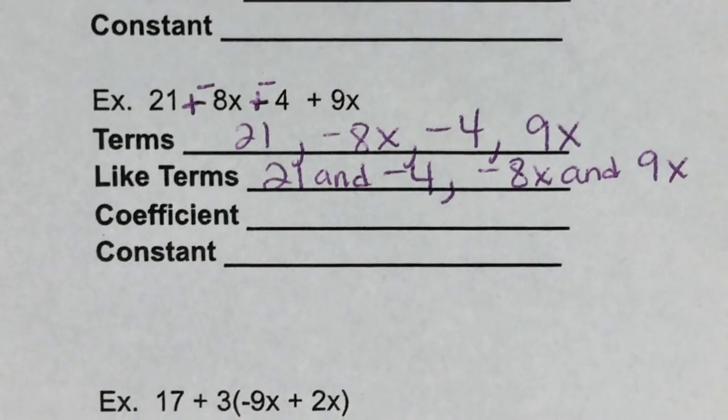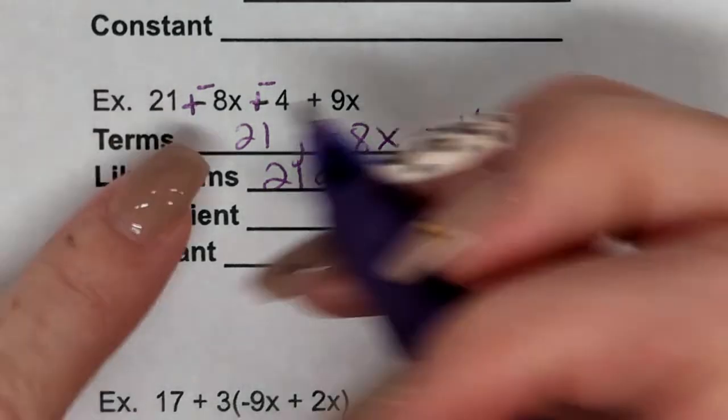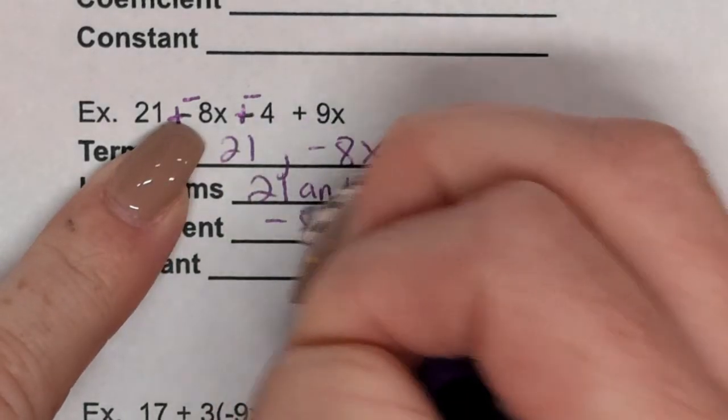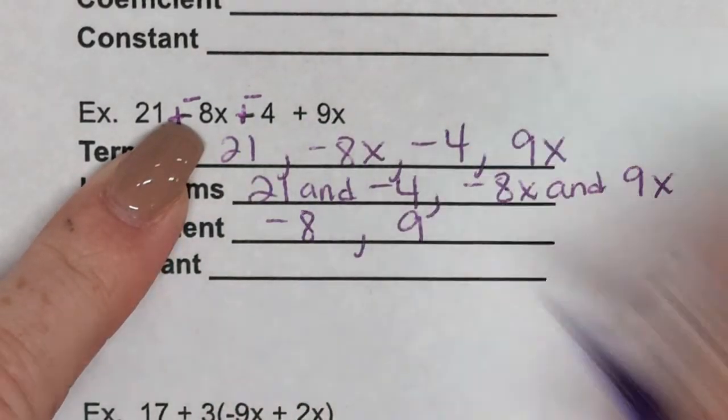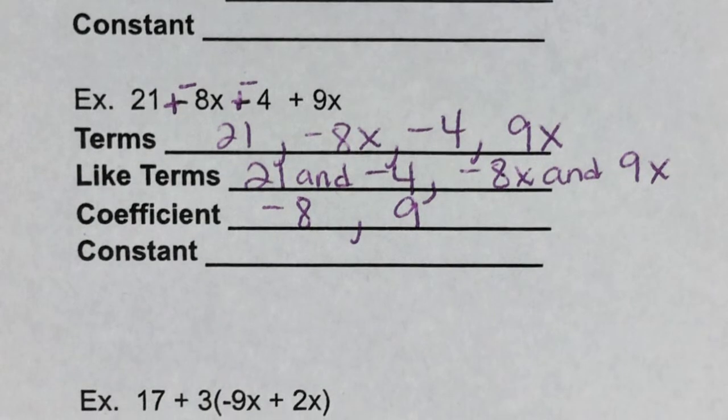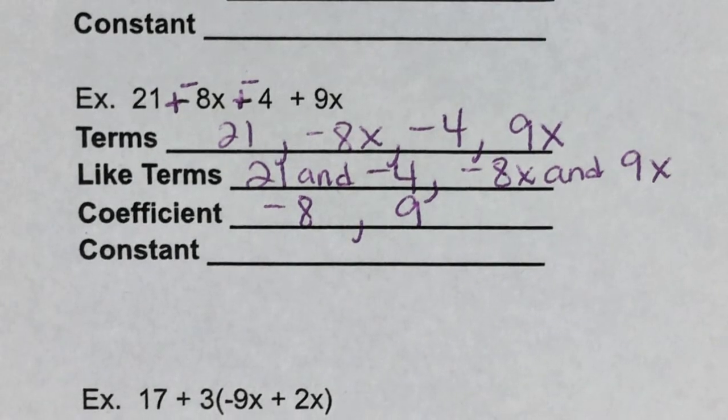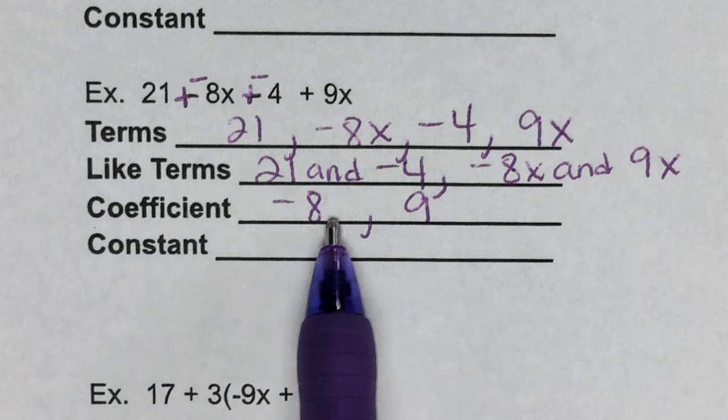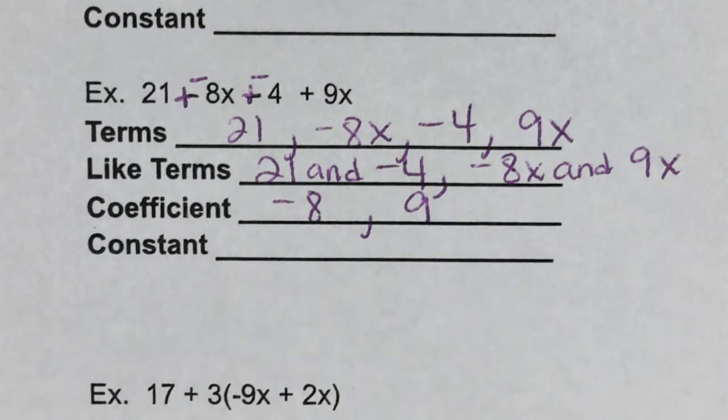Who remembers what is a coefficient? A number in front of a variable. So there's only 2 variables, so what numbers are in front of them? Negative 8 and now on your homework from last night, are y'all listening? You need to make sure that for coefficient, you did not put an x with it.